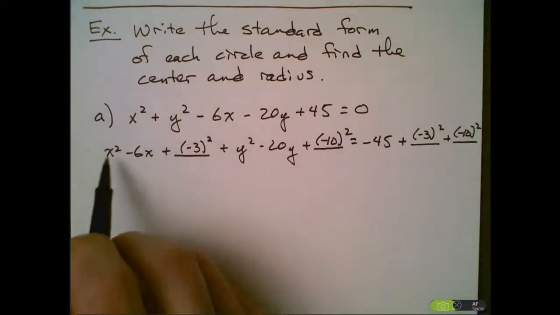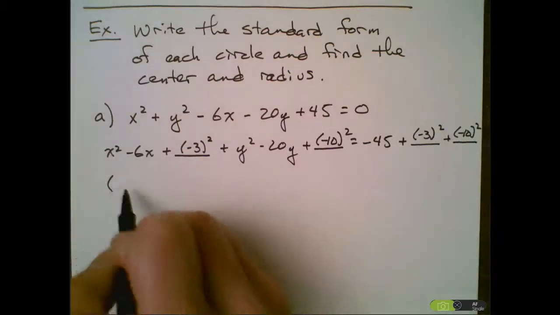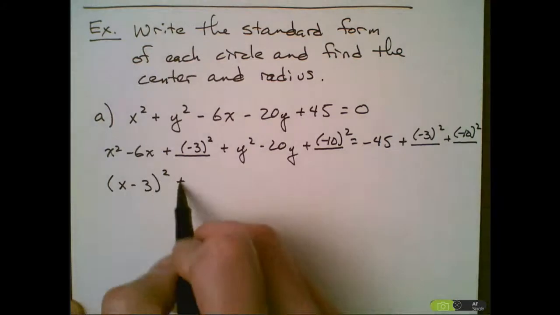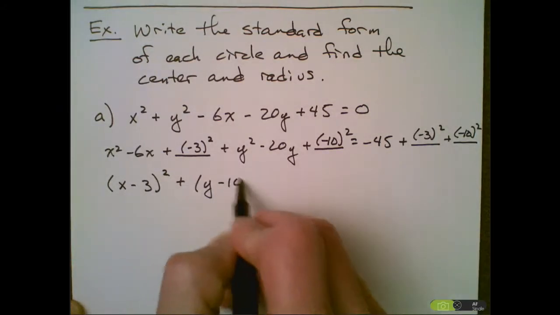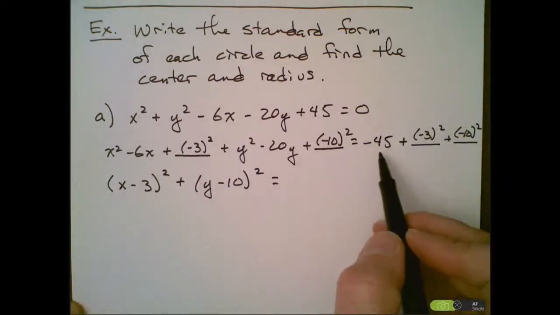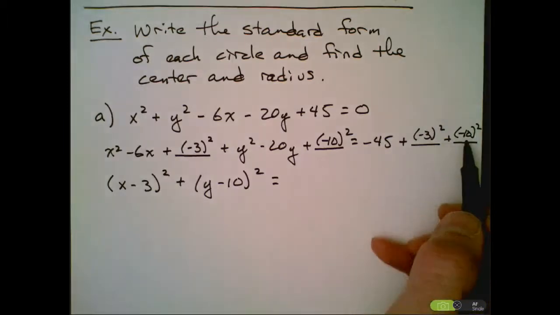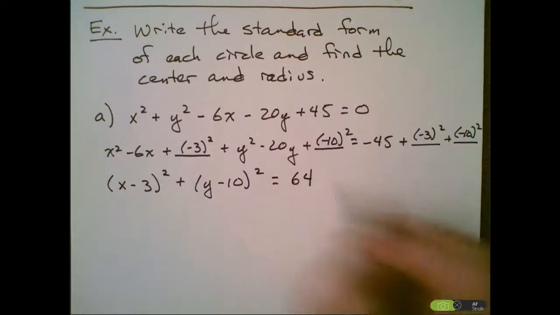Okay, so the perfect square trinomial over here is going to factor to x minus 3 squared, and then this perfect square trinomial here is going to factor to y minus 10 squared, and then we've got negative 45 plus 9 plus 100, and if you figure that all out, it should be 64.